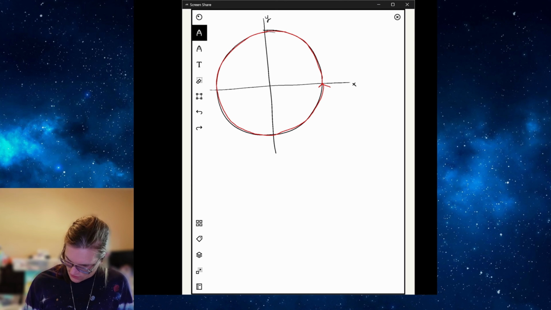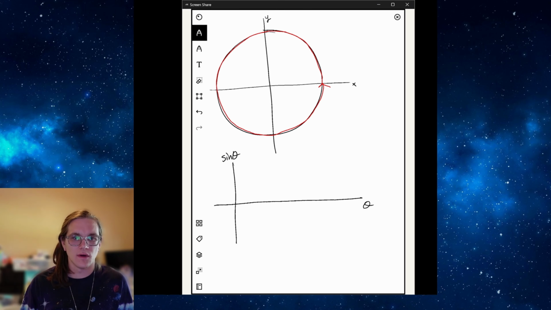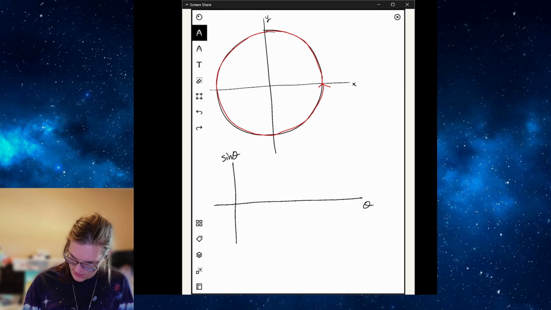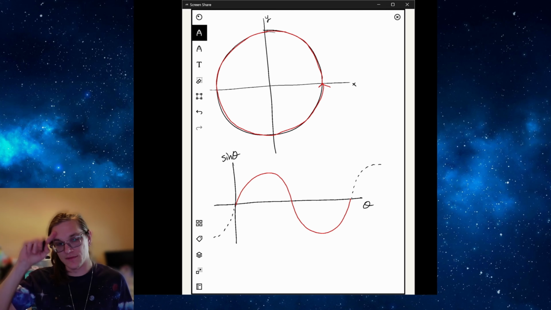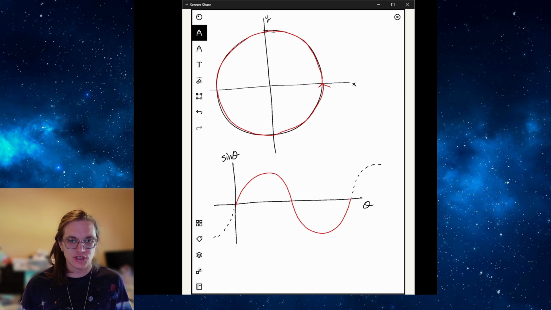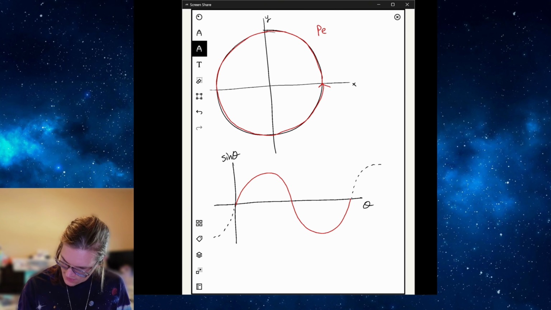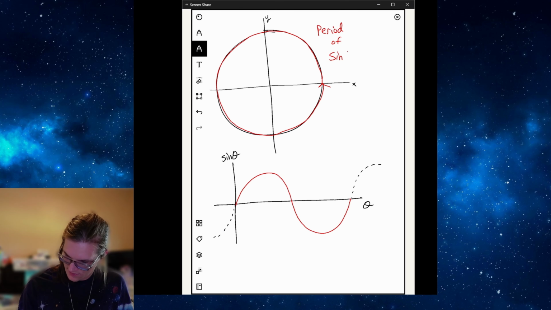What corresponds to the function sine of theta, versus theta, looks like this. It goes in both directions infinitely, but one period is shown here. This is the period for sine, right?